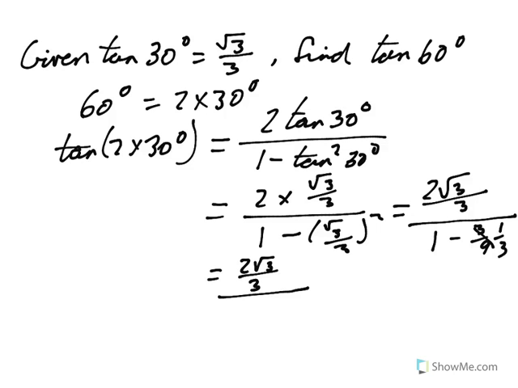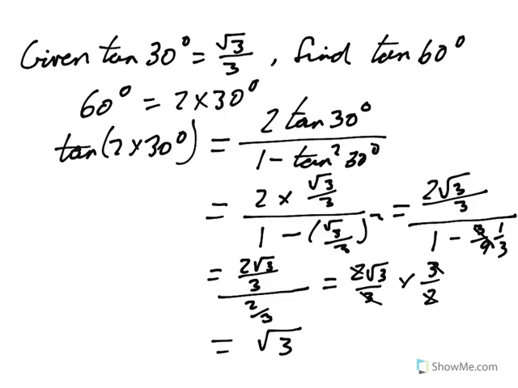So on 2/3, turn upside down and multiply, so we've got some cancelling out. So it equals root 3.